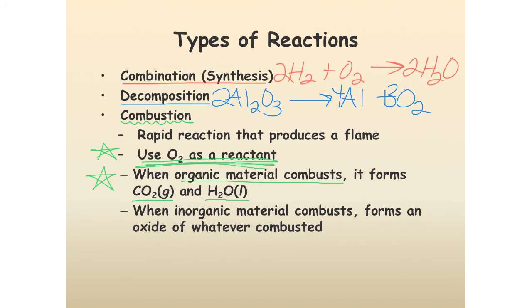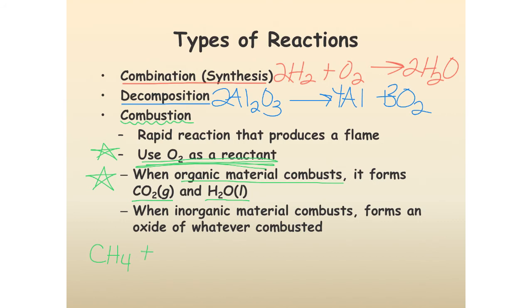So if we have a carbon-based molecule that undergoes combustion, so it reacts with oxygen, it will form carbon dioxide and water. So if we get a question that says, write the combustion for methane, they would tell you what methane is, so CH4, but then they would expect you to know everything else.